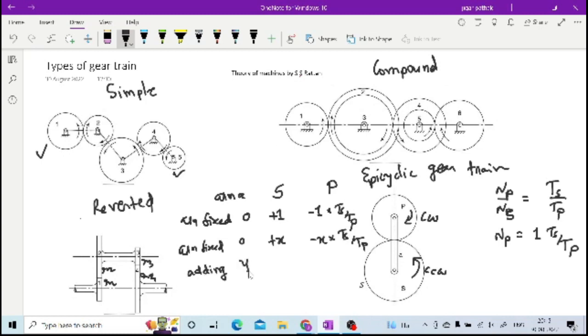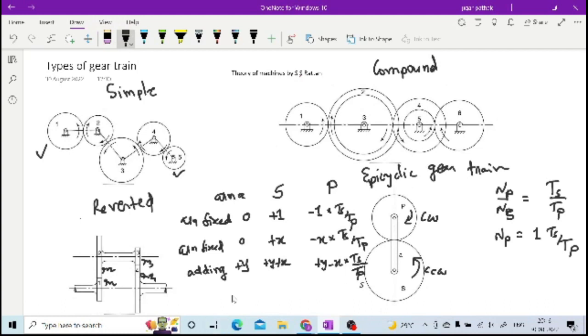You are providing, let us say, +y to the arm, so that will be directly added to the remaining components, that is +y plus x and +y minus x into ts by tp, right? So this x into ts by tp.